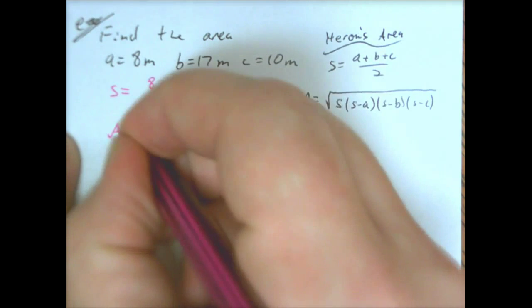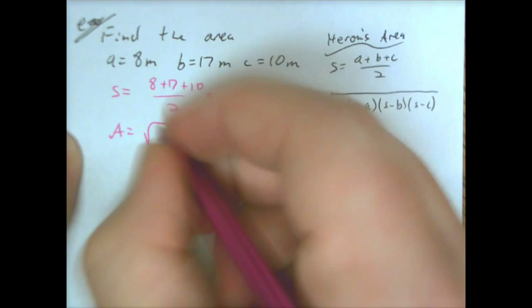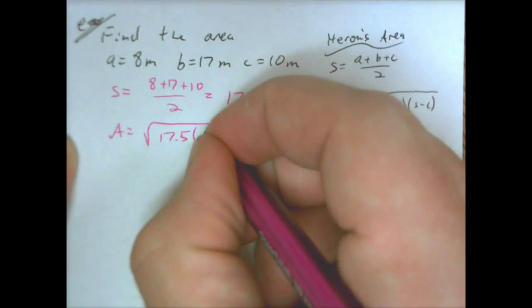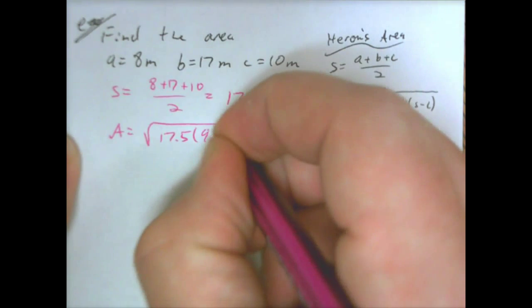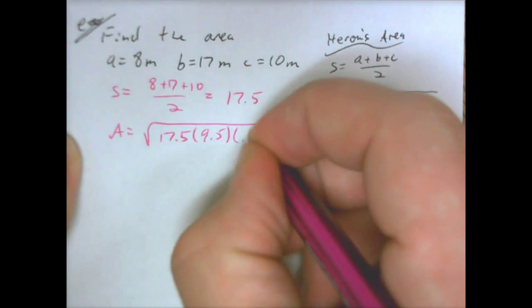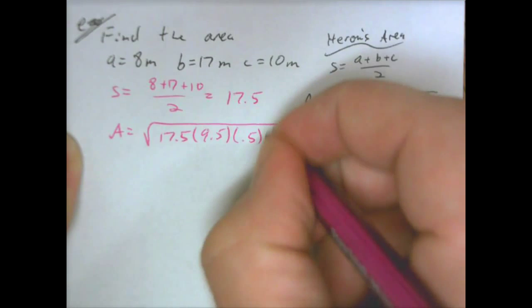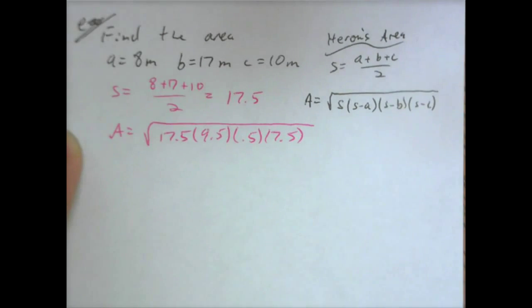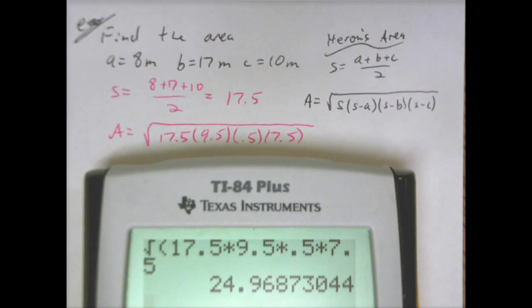And if I plug it into my area formula, I have 17.5 times S minus A, which would be 9.5. S minus B, which is 0.5, and S minus C, which is 7.5. So then I'm going to plug that in my calculator, and magically, poof, I get an area of 24.97.